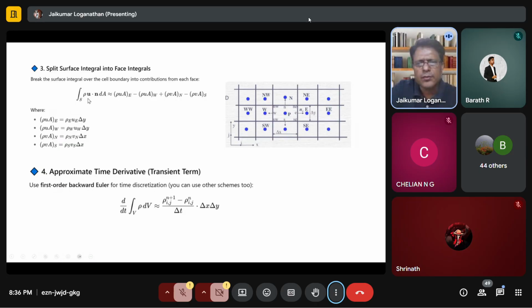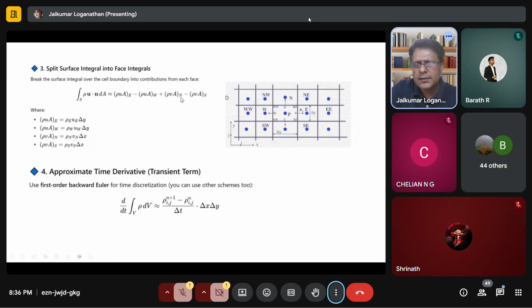So for me to get rho u dot n into dA on, let us say, the east surface, you can see that rho u and area of the east surface is just given here, and you will see that this is positive, and the west surface is given as negative, because if you look at the face normal, that is in the opposite direction of x. Okay, that's why this is negative.